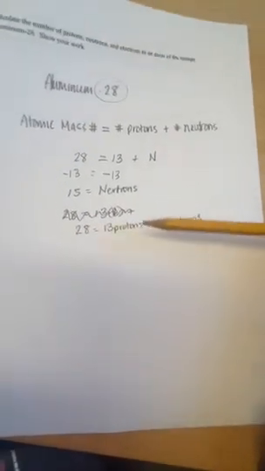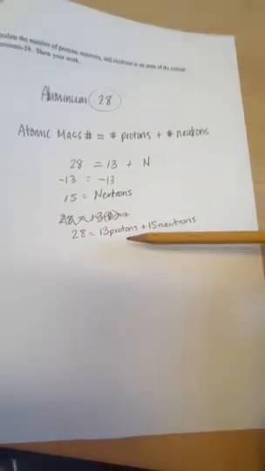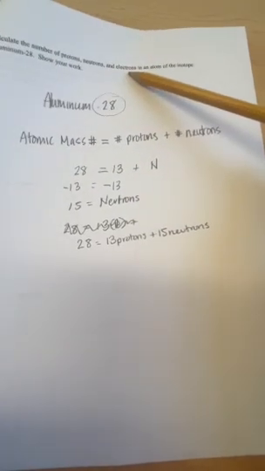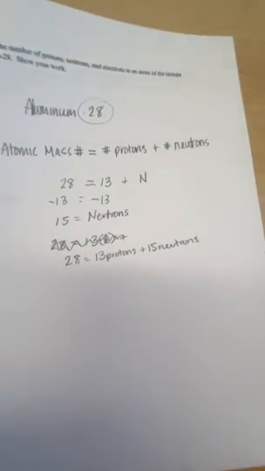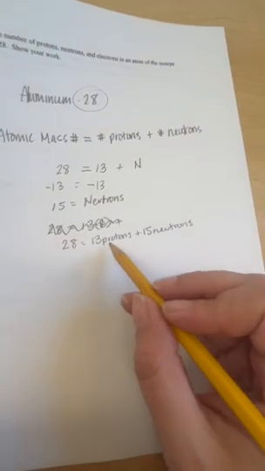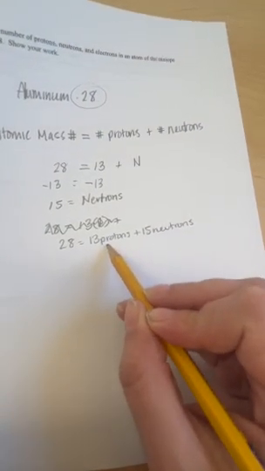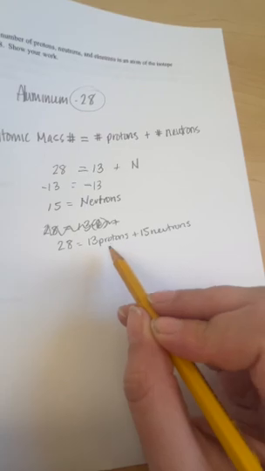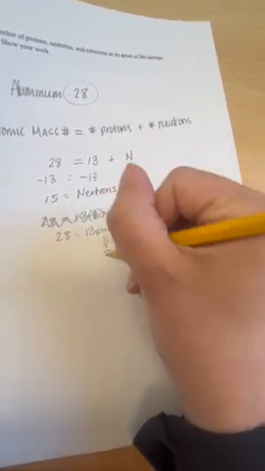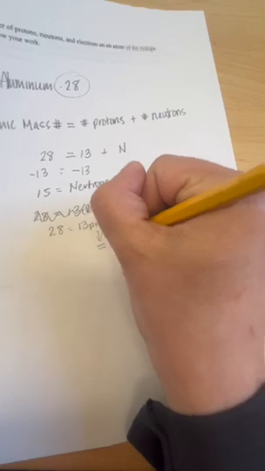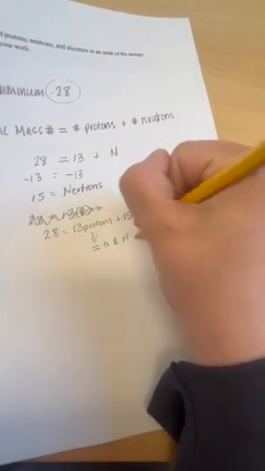The other part of this that we're missing is solving for the number of electrons. But what we've also learned in this class so far is that the number of protons in an atom is equal to the number of electrons.